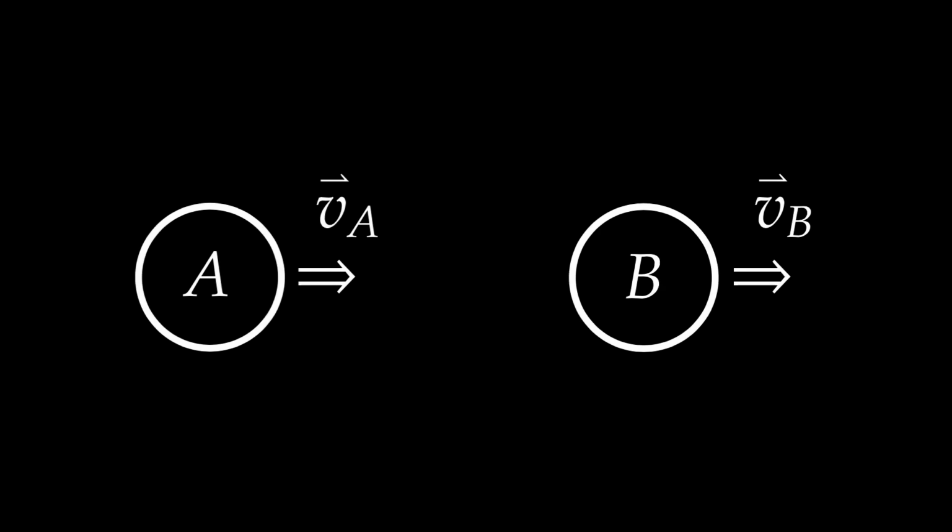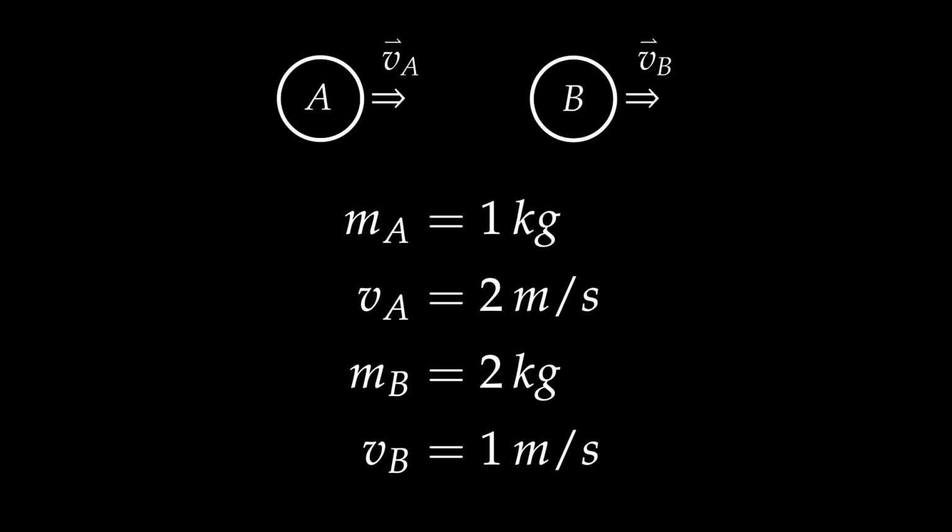So let the mass of A be 1 kilogram, and the velocity of A be 2 meters per second. For B, I'll make it more massive, because I get a more general result if I don't assume the masses are equal. So the mass of B is 2 kilograms, and for a little amusing symmetry, the velocity of B is 1 meter per second.